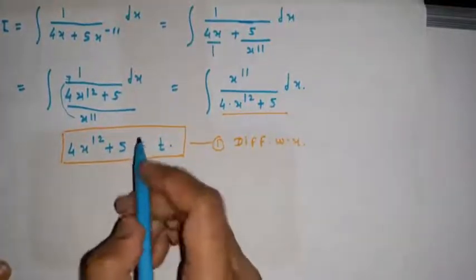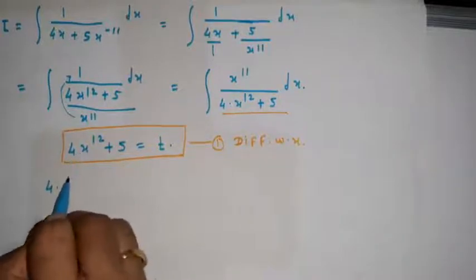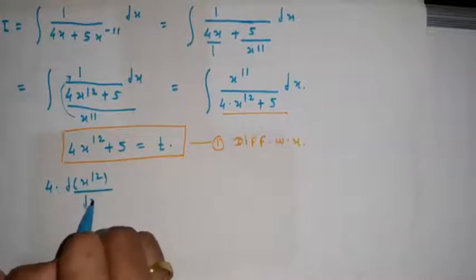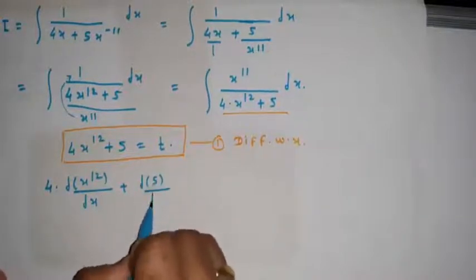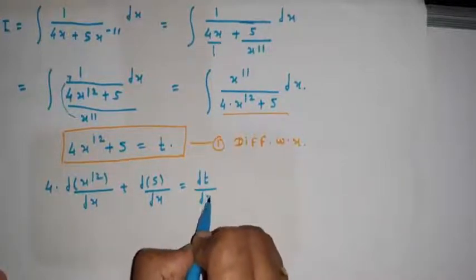We will get differentiation, the 4 is constant, and differentiation of x raised to 12 with respect to x plus differentiation of 5 with respect to x equal to differentiation of t with respect to x.